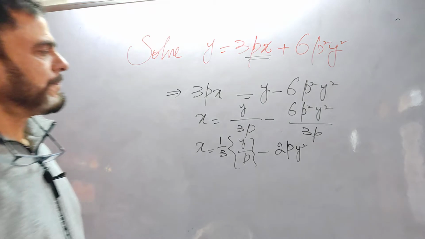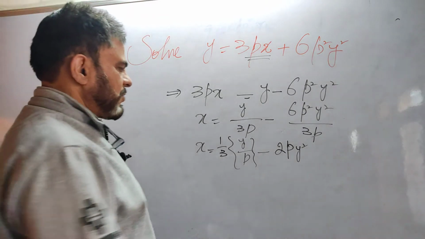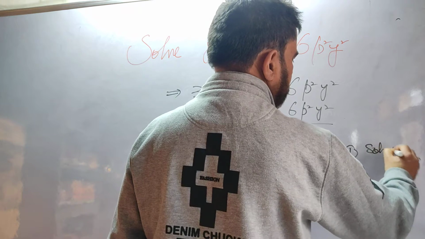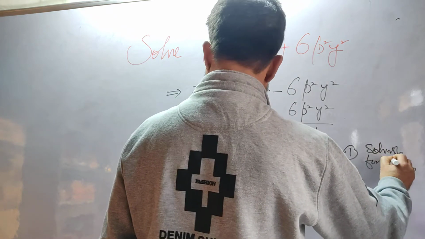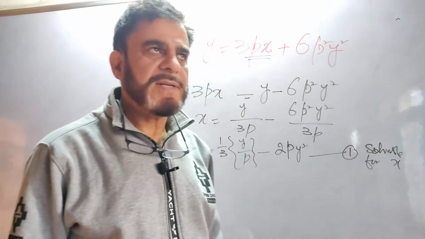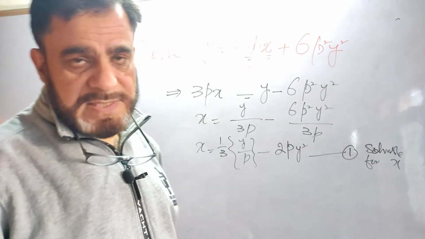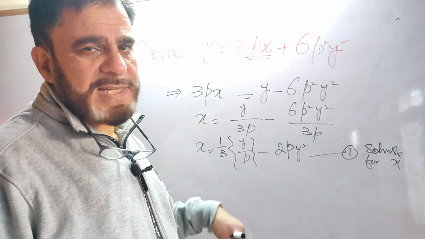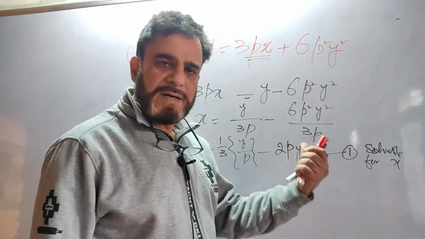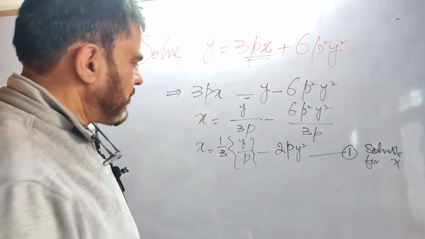It is 2py square. So it is now solvable for x. We could solve the given differential equation for x. By x I mean we could write x explicitly on one side, and y and p on our other side.